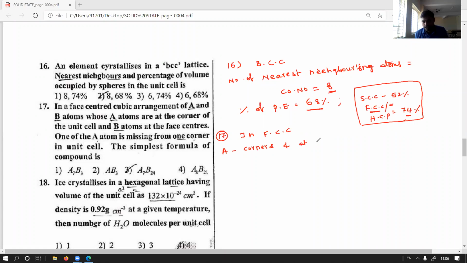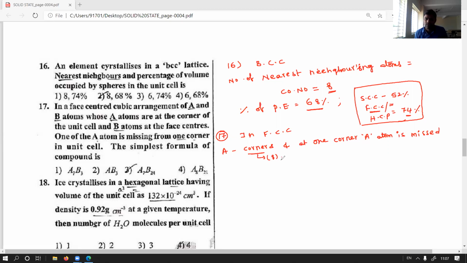At one corner, an A atom is missed. So according to the total, how many corners are present? 8 corners. Out of those 8 corners, one atom is missed at one corner. Then A atoms are present at only 7 corners.